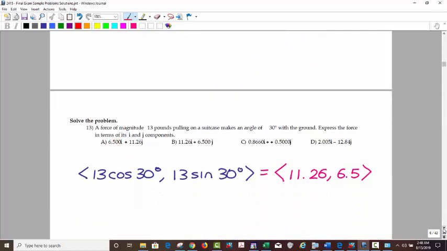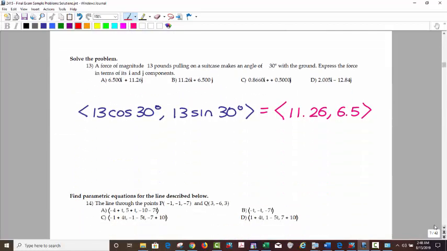Let's come down here to number 13. Force 13 pounds, suitcase making an angle of 30 degrees. Express the force in terms of i and j components. So all you do is just multiply the magnitude times the cosine of the angle, and then the magnitude times the sine of the angle.